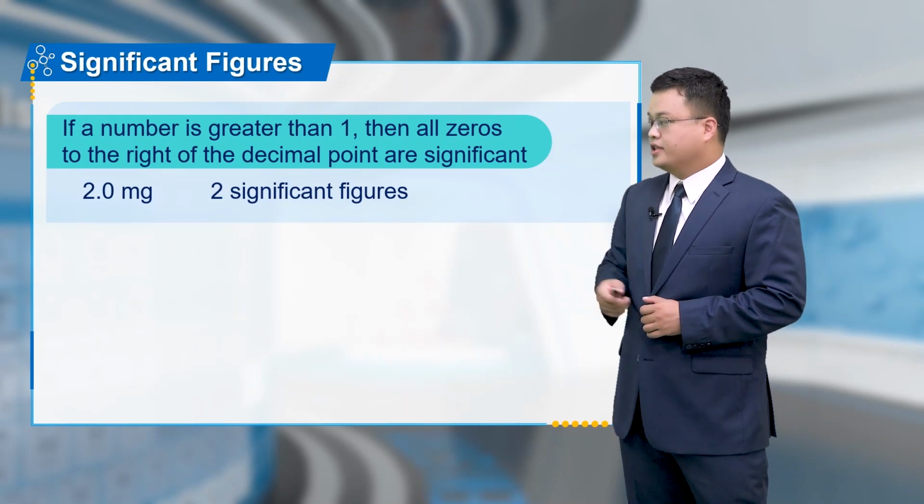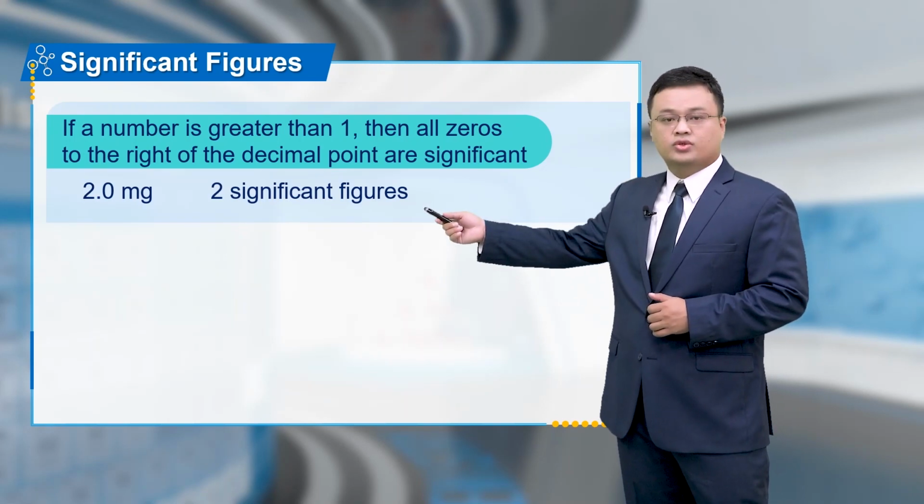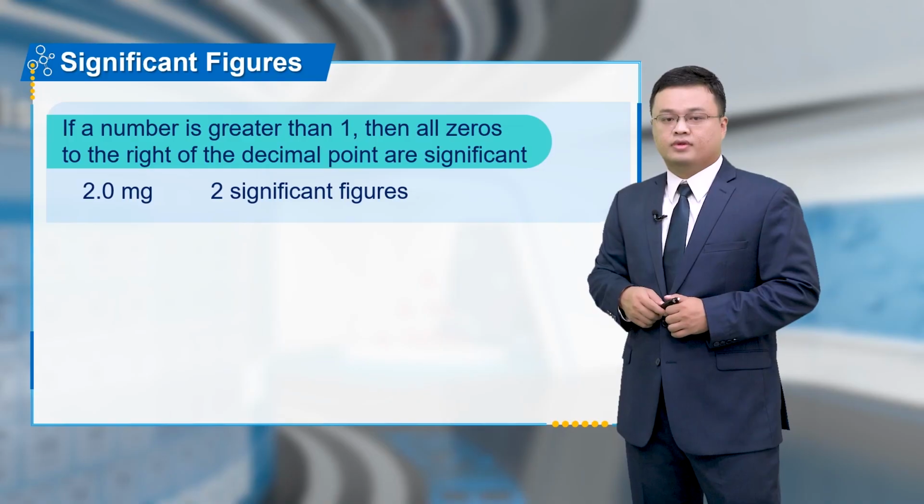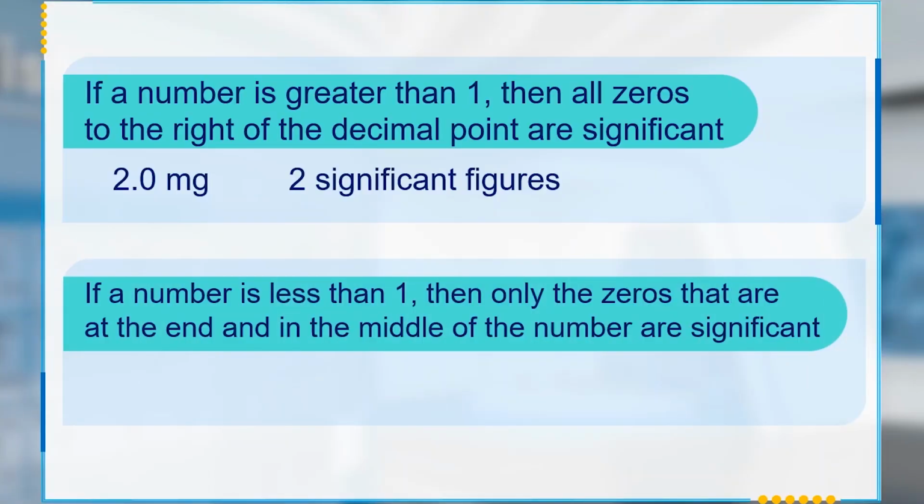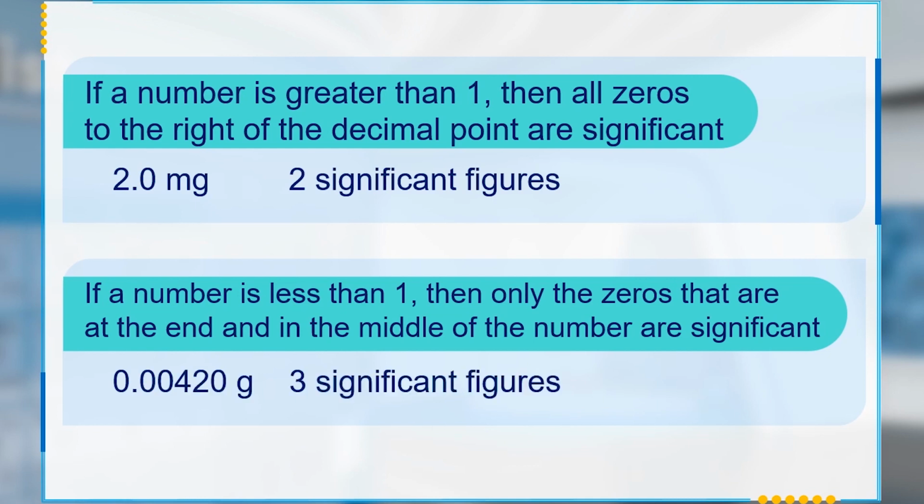Like 2.0 milligram, there are two significant figures. If a number is less than 1, then only the zeros that are at the end and in the middle of the number are significant. Like 0.00420 gram, there are three significant figures.